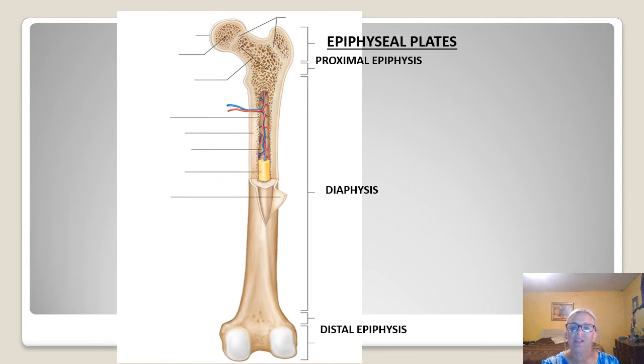So we have epiphyseal plates, which you are probably actually familiar with, you just don't know it, right? You can kind of see them right here. Those are epiphyseal plates. These are what we commonly call growth plates. This is where the bone is not fixed and it will continue to grow and lengthen.